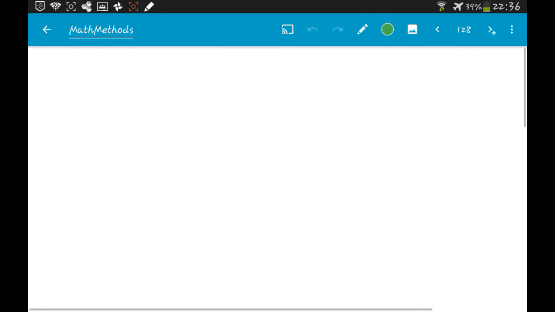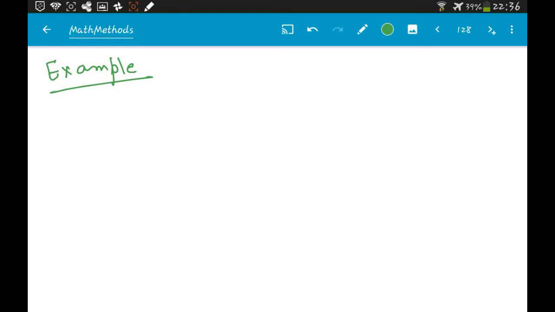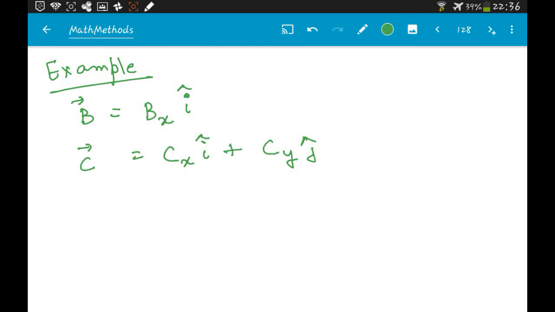So now let's look at an example. So what is an example? Let's say B is nothing but Bx into i. So B is a vector, but it has only one component, which is in the i direction. C is Cx i plus Cy j.